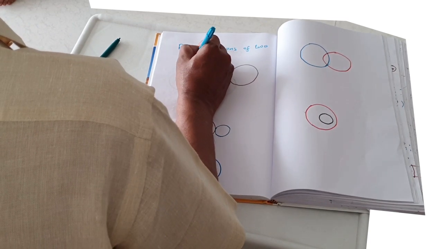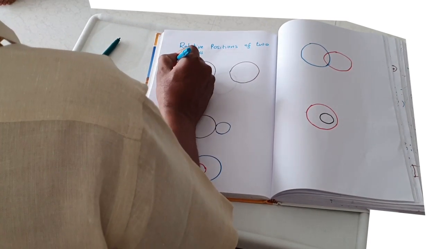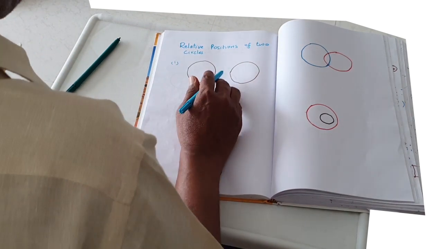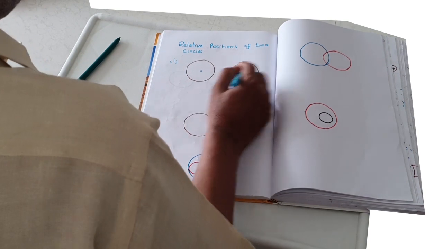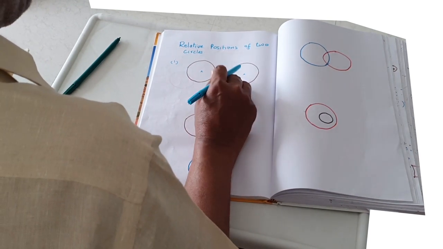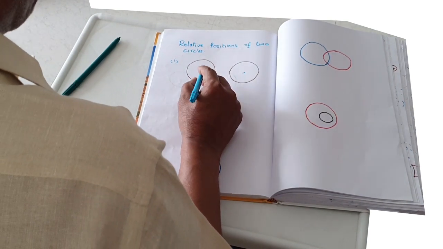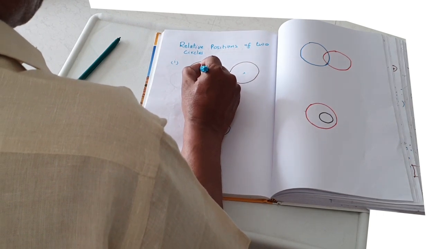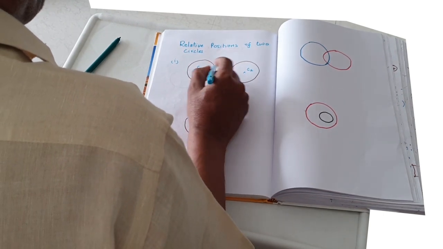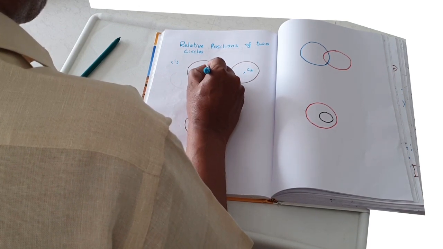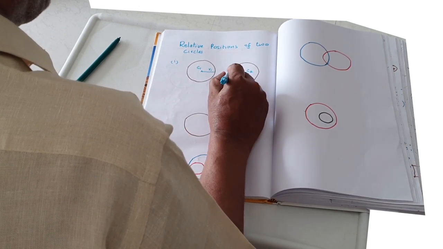See here in the first case, the two circles are at a distance. They are not touching, they are not intersecting. Say this one is center C1 and this one is C2. And the radius of this is R1 and the radius of the second circle is R2.